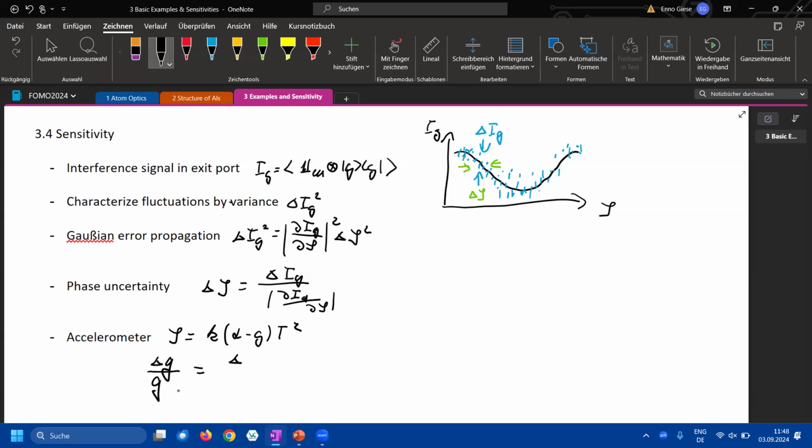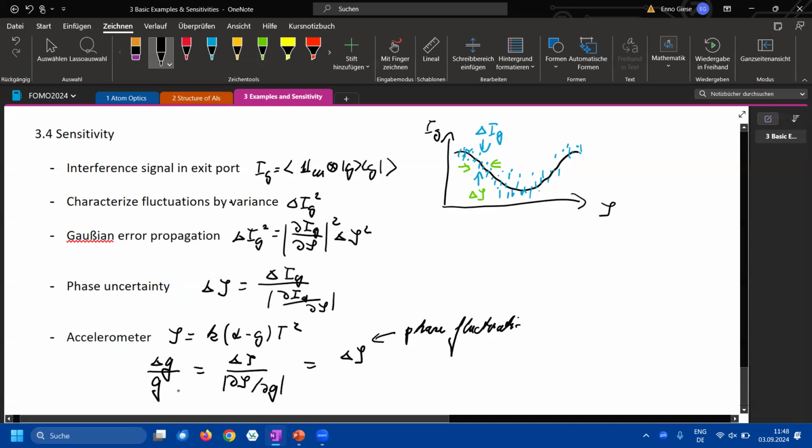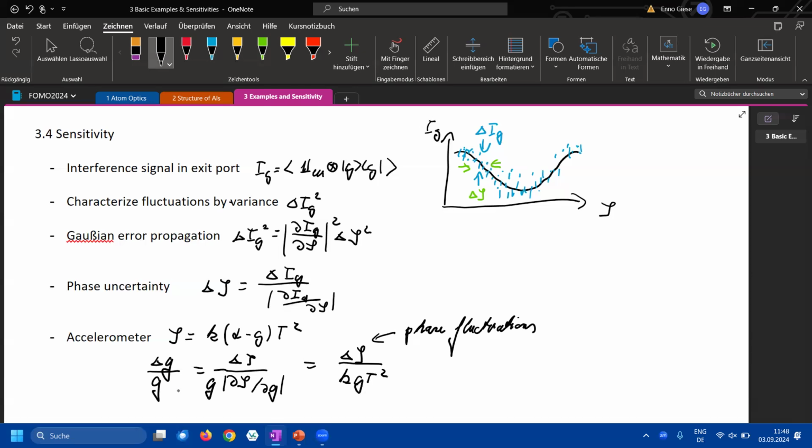That means I just write down the phase uncertainty delta phi divided by the derivative d phi dg, because that's the parameter of interest. And delta phi is just our phase fluctuations. Divided by, and of course I have to multiply that by g, k g t squared. Okay? So that tells us our uncertainty of a gravity measurement depends on k g t squared.